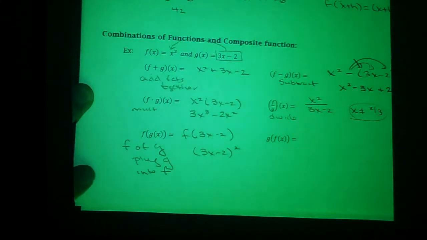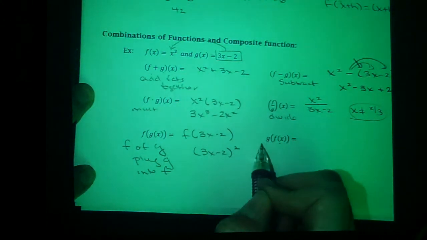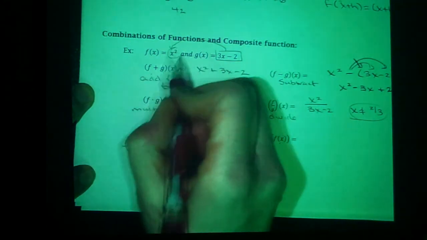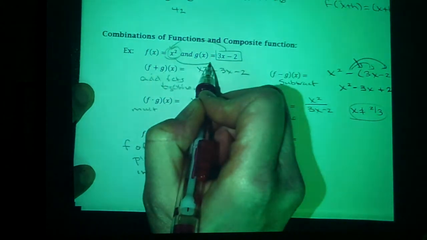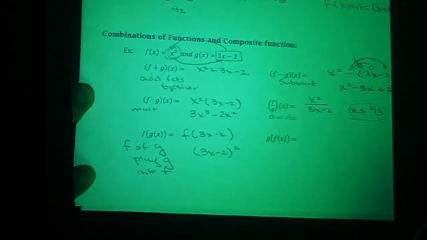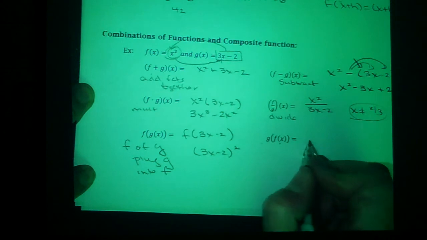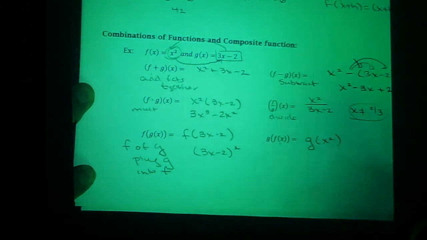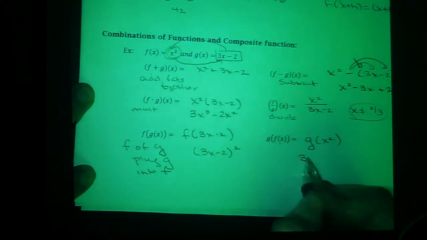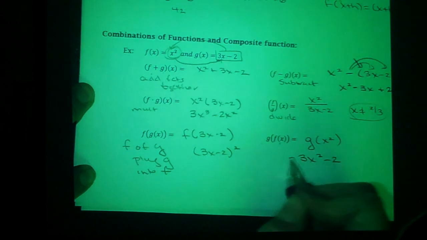And then you can plug f into g on the flip side, plug x squared into g, where the x is. And so that's going to look like g of x squared, which is 3x squared minus 2.